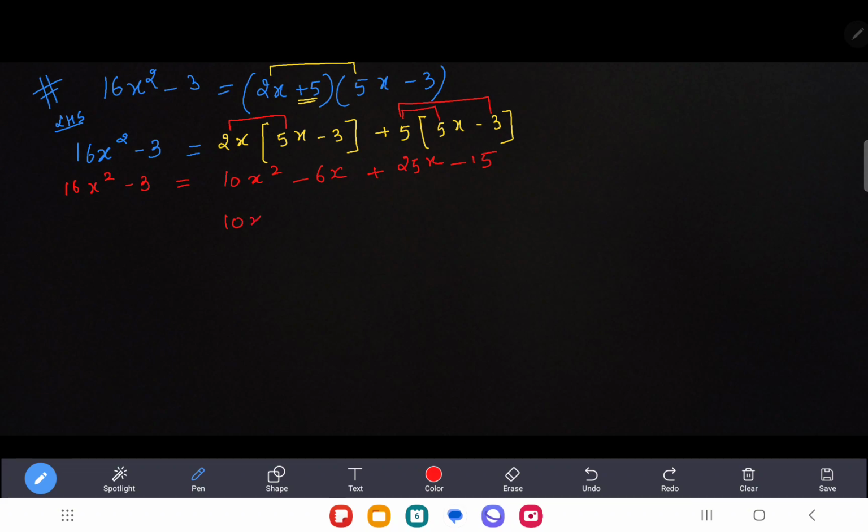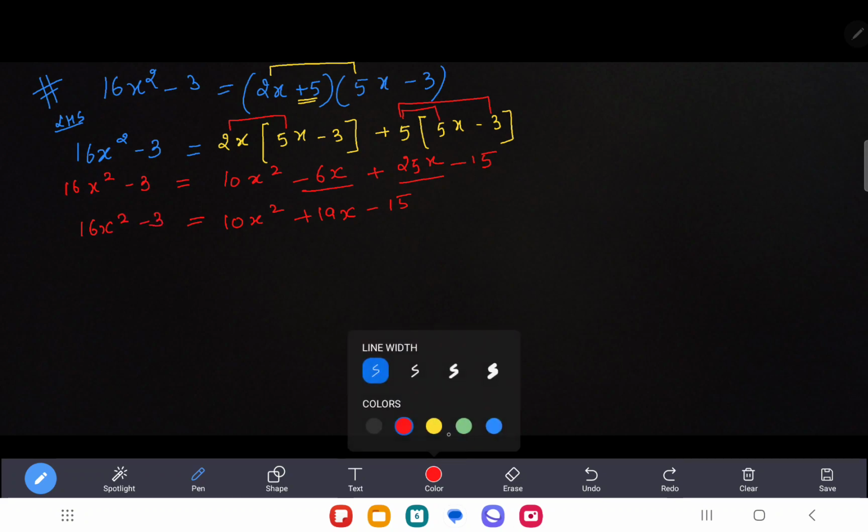So I will have 10x square, and this is going to be minus 6x plus 25x, so that shall be 19x minus 15, and that shall be 16x square minus 3.